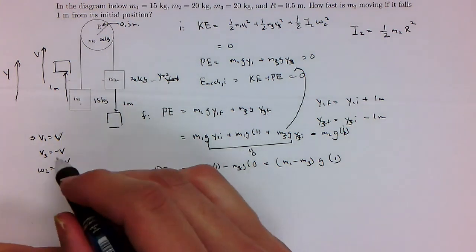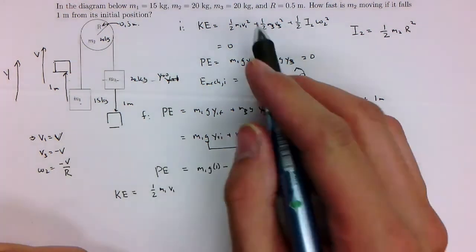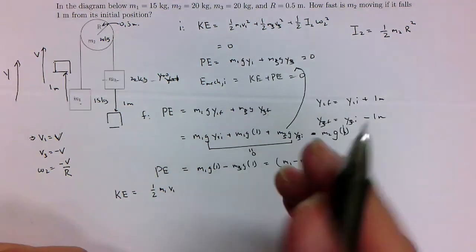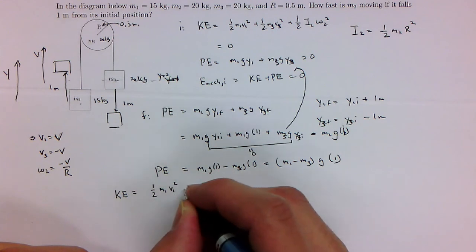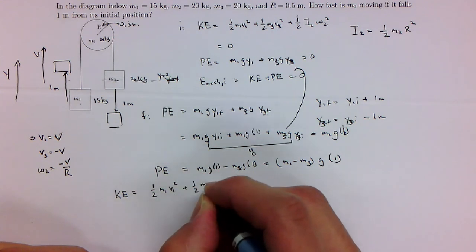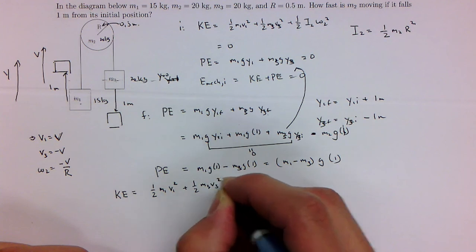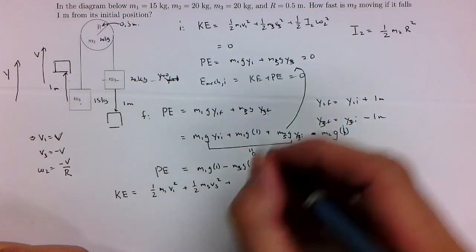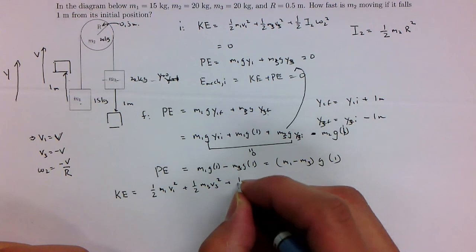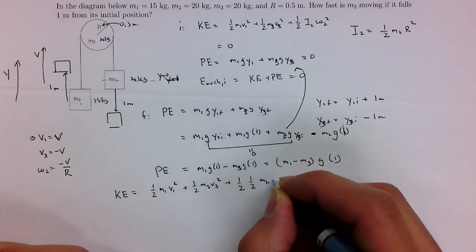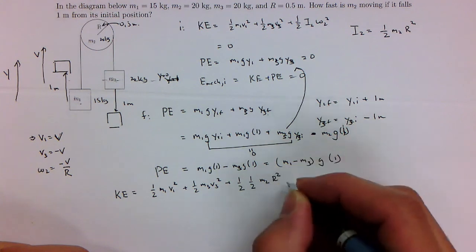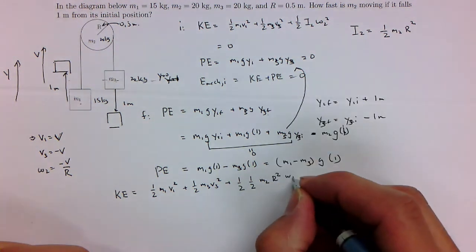It turns out not to be very important because the minus signs will be killed by the fact that everything is a square. That's the beauty of using energy conservation. You don't have to worry about this sort of stuff. Okay, so 1/2 m1 v1 squared plus 1/2 m3 v3 squared plus, now what is I2? 1/2 of 1/2 m2 r squared omega 2 squared.